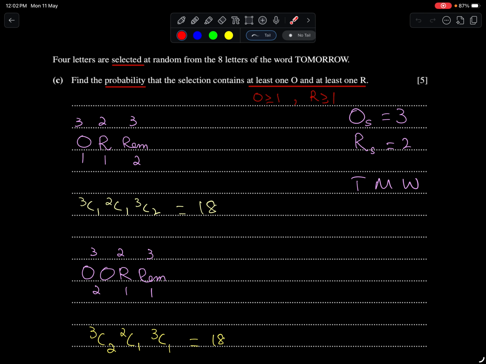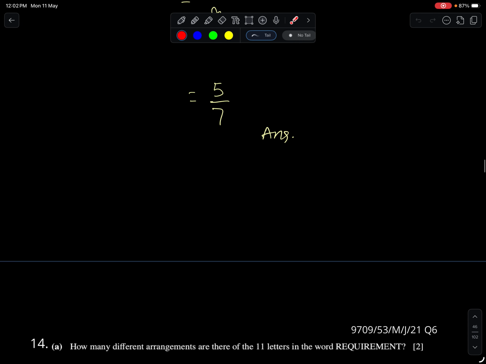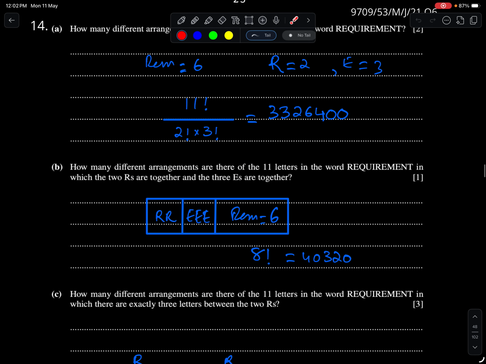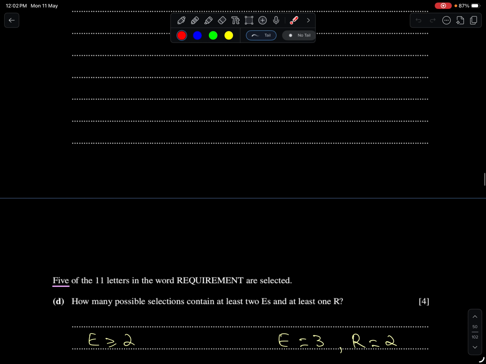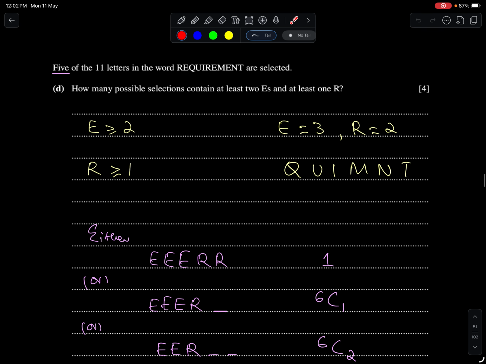If it asks for probability of selecting letters, then selections of repeated letters must be shown separately using combinations such as 3C1, 1 O from 3 O's. This is what we do when it says probability in selections. But what if the question is just selections, unique selections? Then you don't need to show combinations of identical objects.